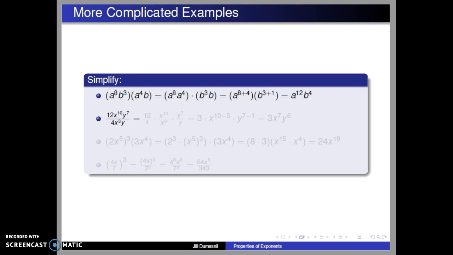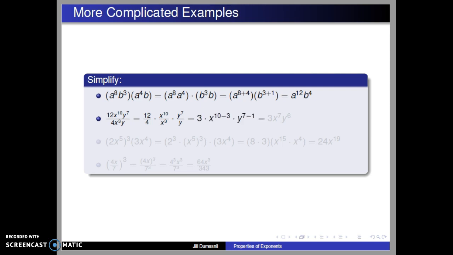Now consider a fraction with numerator 12 times x to the 10th times y to the 7th and denominator 4 times x cubed times y. We can break this fraction into the product of 3 fractions because multiplication of fractions multiplies numerators and multiplies denominators.